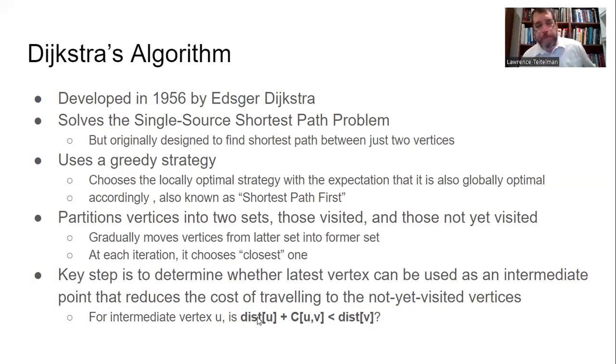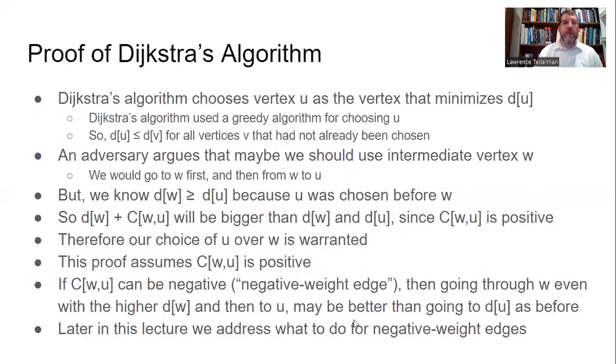All right. So this is the key line. It says, if I'm going from the source to u, and then I take an edge from u to v, if that is less than whatever I could do to go to v before, then we want to update. We want to update because we're saying I can go from the source to v better than whatever I could do before, right? So this is the basic idea of the proof, right?